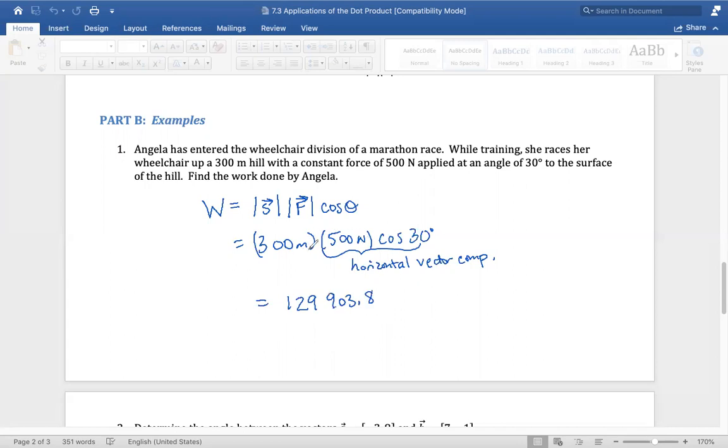And again, that's where the units are helping you, so you have Newton meters. But if you remember in the last video or 7.1, I believe, we changed Newton meters into joules. So 129,903.8 joules. You can just put a capital J.